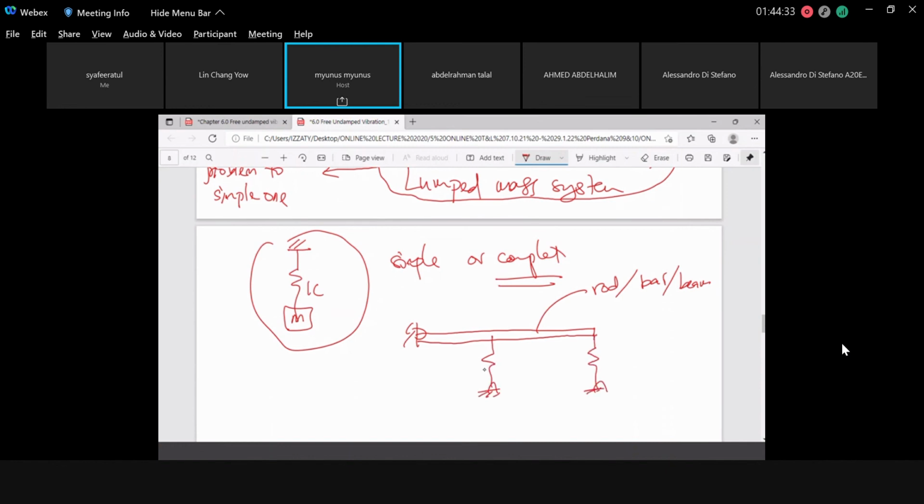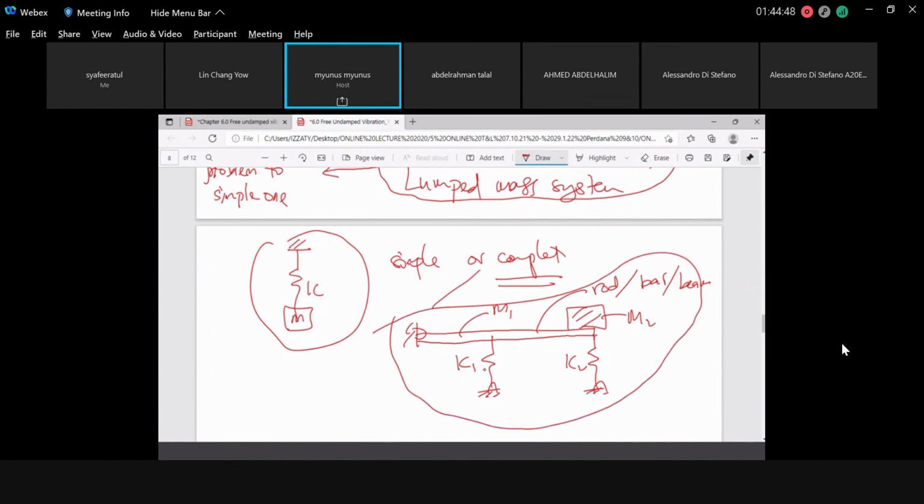This one is K1, this one is K2. Then you have another mass, this one M1, this one M2. This is complex now. Only then can we introduce the equivalent method or lumped mass system. At the moment, maintain what you have here; there's no use for the lumped mass system.